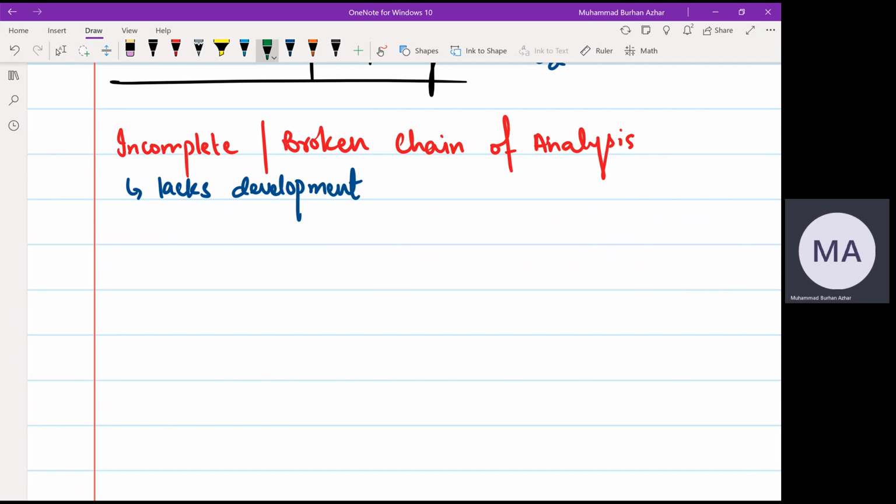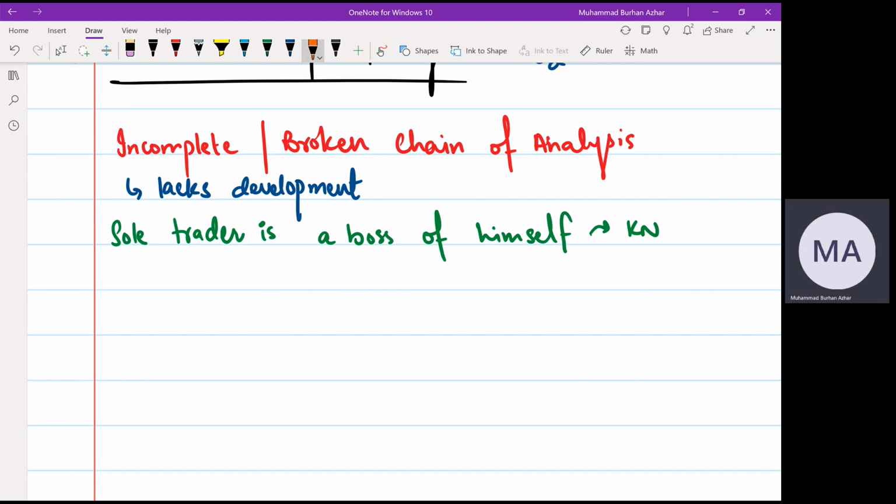So if I say कि a sole trader is a boss of himself, and I stop over here, this is enough to get me my knowledge points, मगर मैंने इसको further explain नहीं किया. So that means कि मैंने अपने analysis में I lack my development. ठीक है? So what you should do is कि you should have a developed chain of analysis.